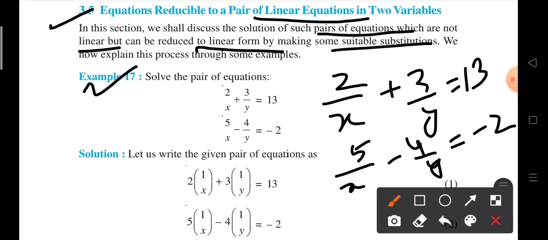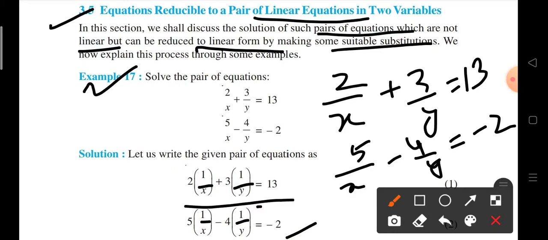Now this is not a linear equation, but we can make it linear by writing the equation in this form: 2 into 1 upon x plus 3 into 1 upon y is equal to 13, and 5 into 1 upon x minus 4 into 1 upon y is equal to minus 2.